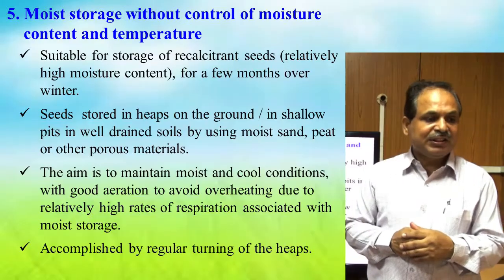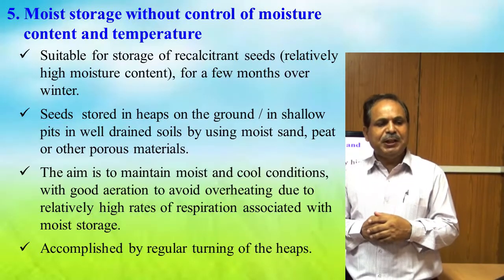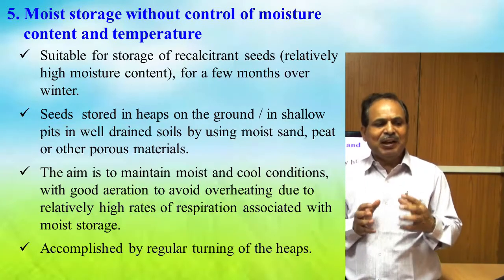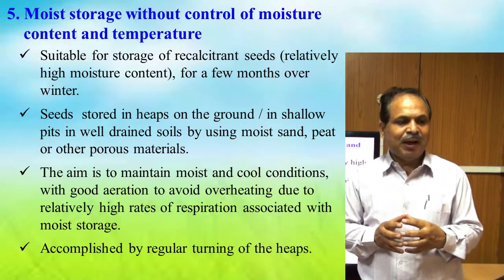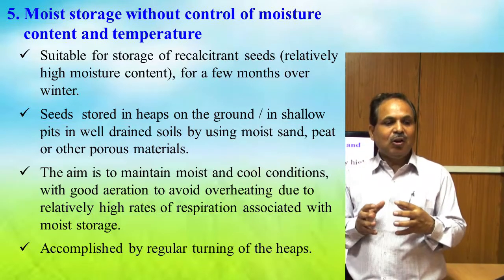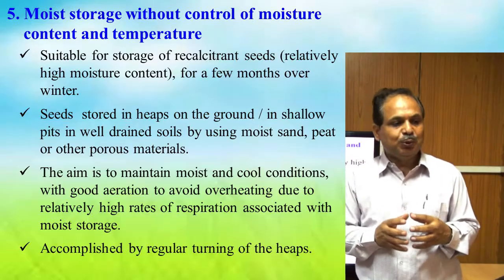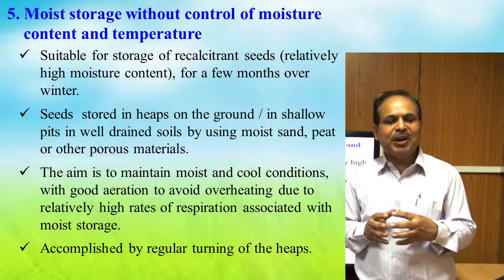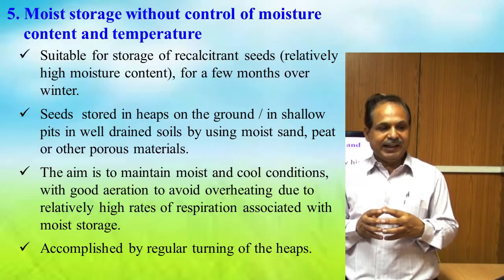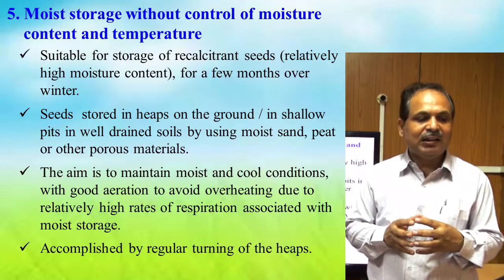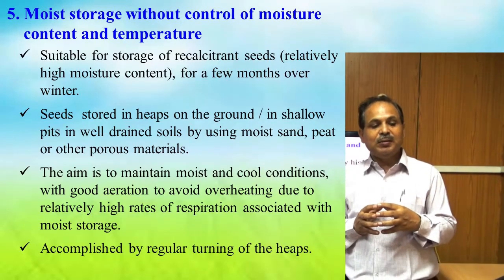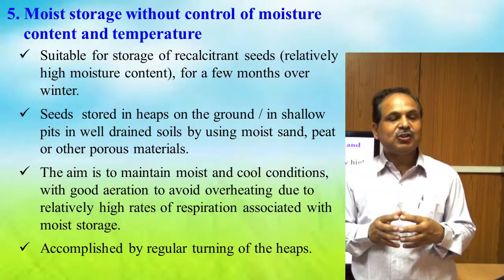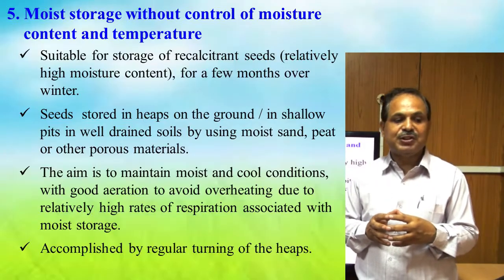The seeds are generally stored in heaps on the ground or in a shallow pit, but that place must be well drained, using moist sand, peat or other porous materials. The main objective is to maintain moist and cool conditions with good aeration, and also to avoid overheating, which takes place due to the relatively high rates of respiration associated with moist storage.